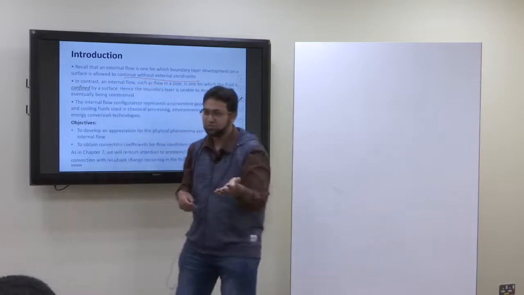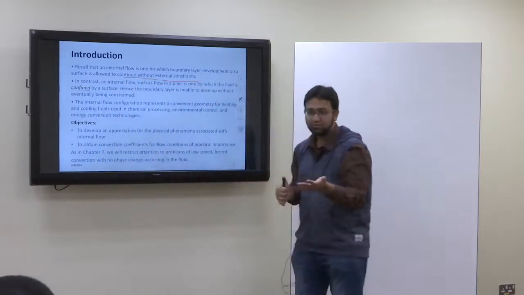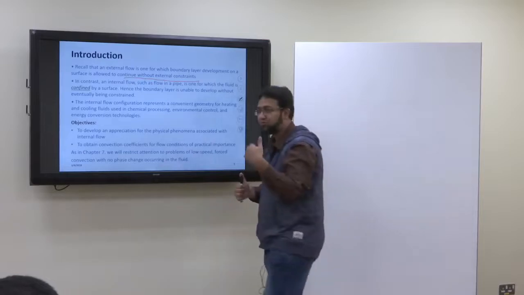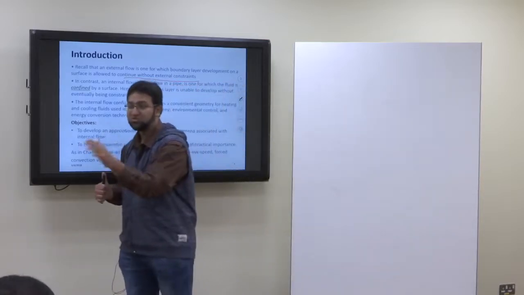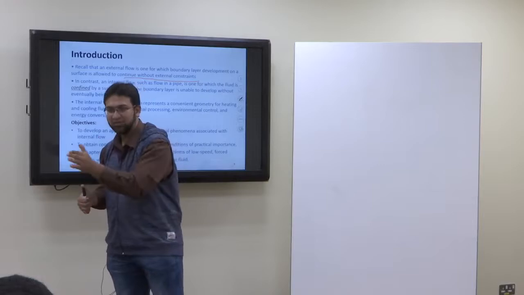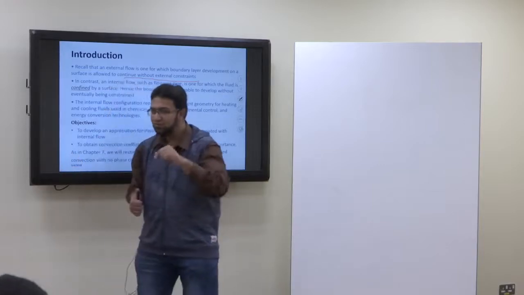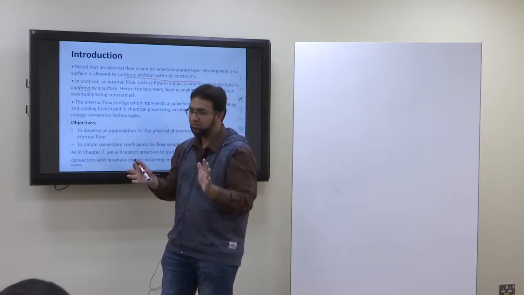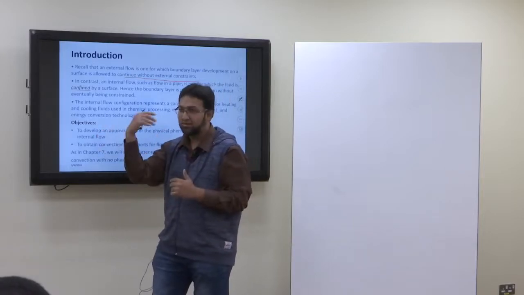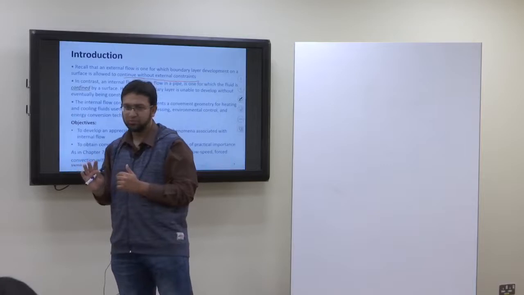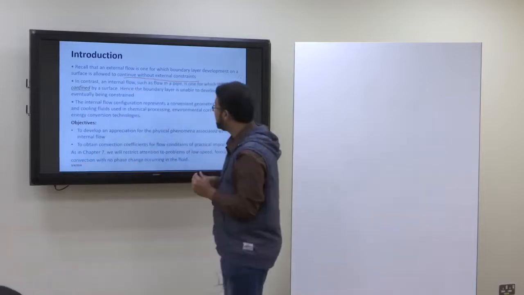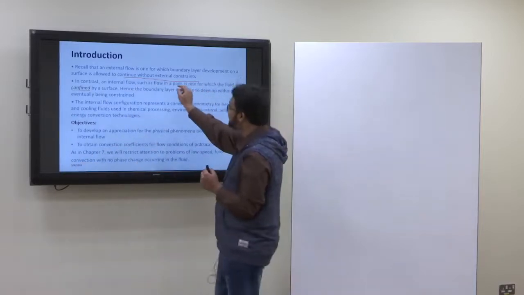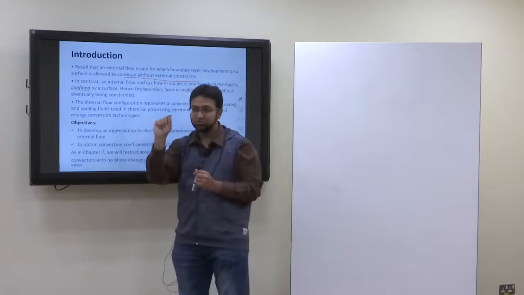So that's the difference between external flows and internal flows. In external flows, the boundary layer keeps on developing and there is no constraint. Nothing is stopping it from developing. But in internal flows, it will develop, and after a certain time it is fully developed because it is constrained. It cannot develop any further. You get the idea? These things which I highlight are important here.